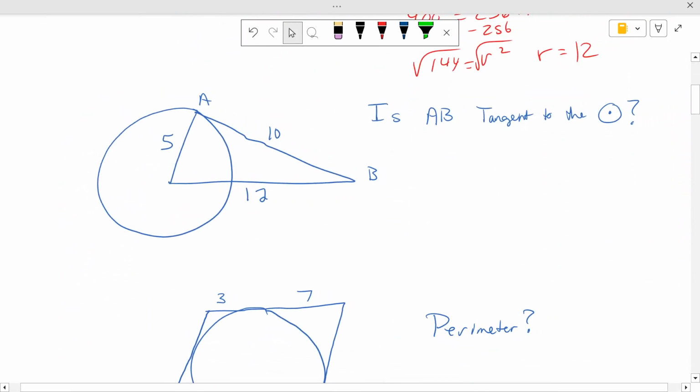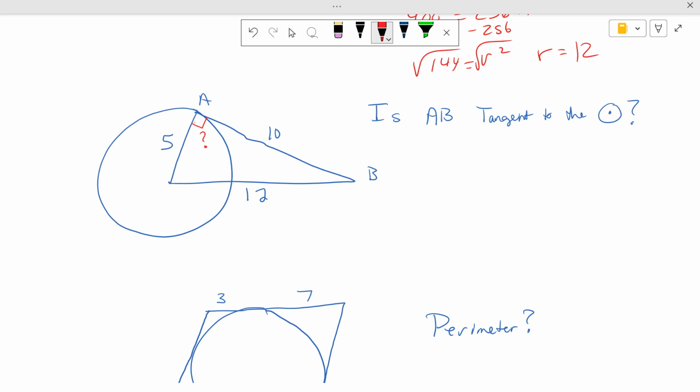All right. Is AB tangent to that circle? Kind of looks tangent, but how can we tell? If it makes a right triangle. Is this a right angle? Well, figure it out.